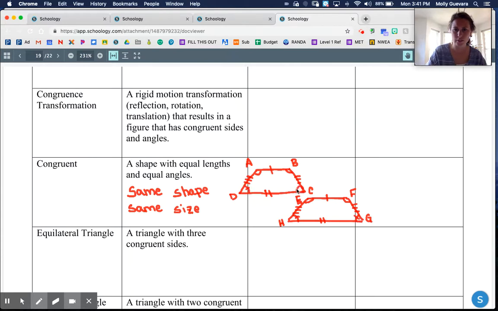Notice I drew a little tick mark through them to distinguish them from these. So since all of the angle measures line up and are the same as the other shape, and all the side lengths line up and are the same as the other shape, then I can say that trapezoid ABCD is congruent to trapezoid EFGH.